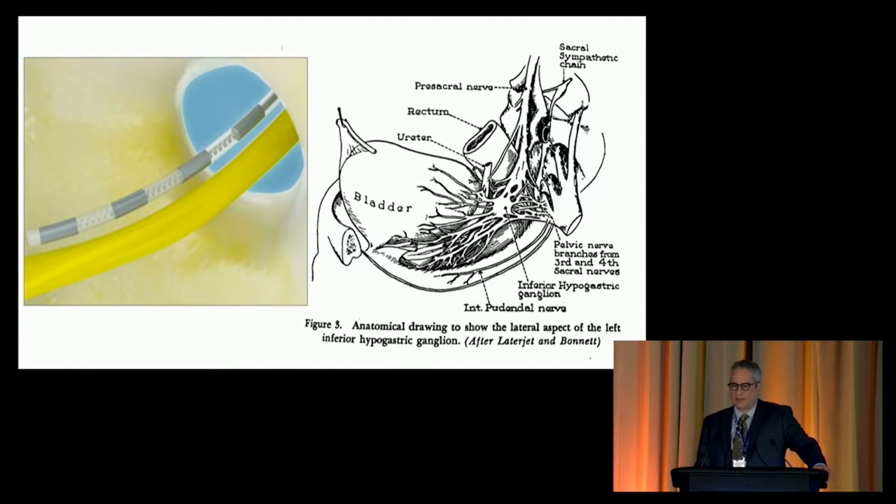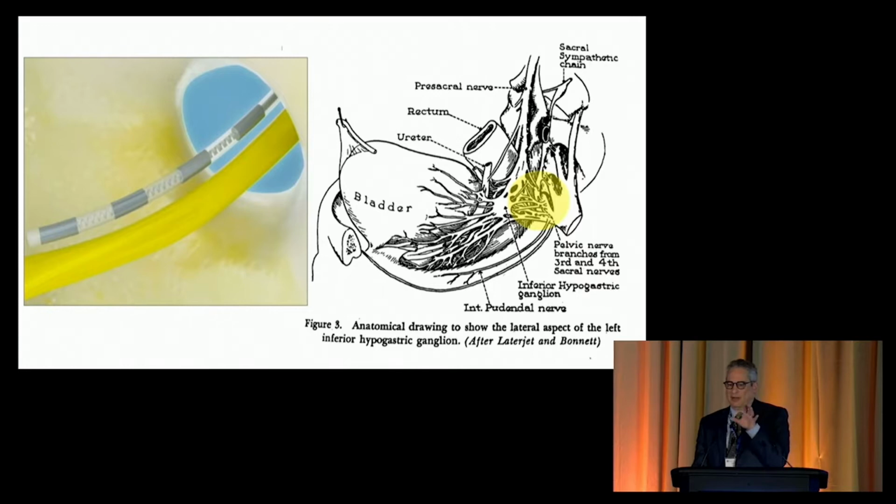This is a drawing from the 1930s showing the pelvic nerve branches from S3 and S4 are really part of a network of nerves, and the reason why we steer the lead in one direction or another is because we differentially can affect some of these nerves that then relate to both the efferent and afferent stimulation of the nervous system and regulation of bladder and bowel function.